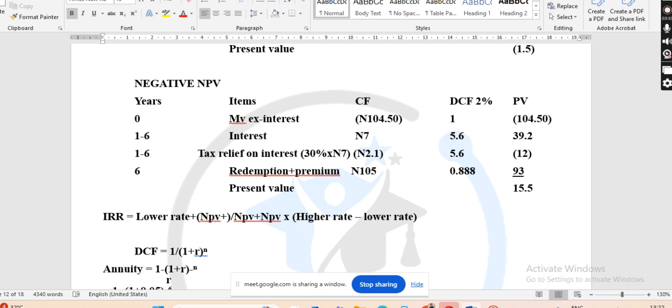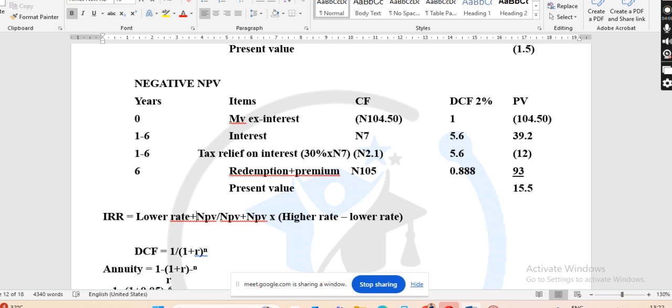He mentioned it, right? Lower rate plus the positive NPV divided by the positive NPV plus the negative NPV. Why we use plus is because the positive NPV, there is a minus there already, in the middle, minus negative NPV.